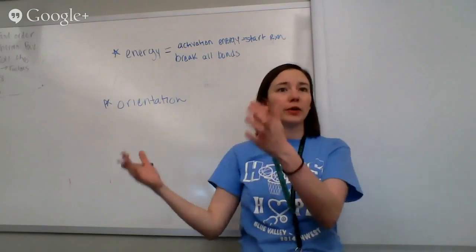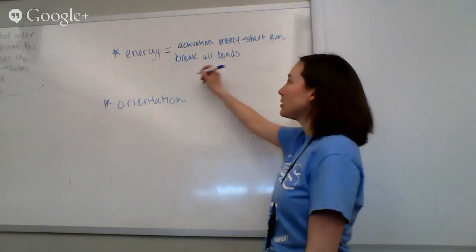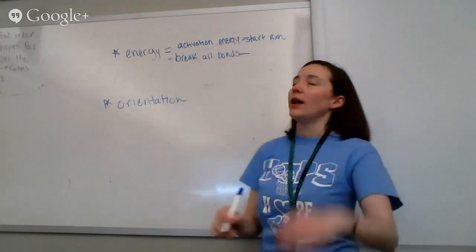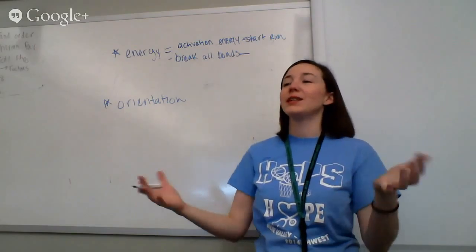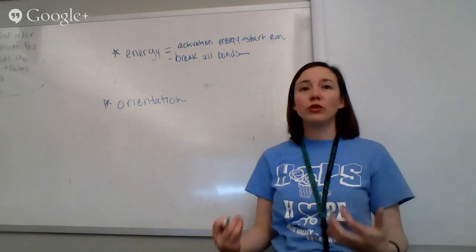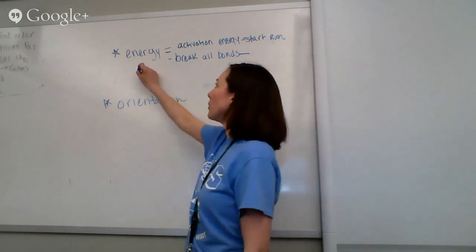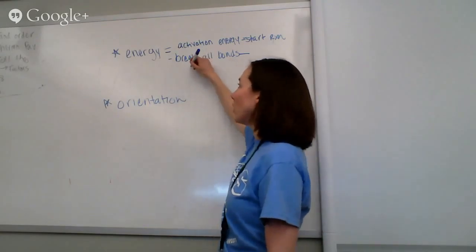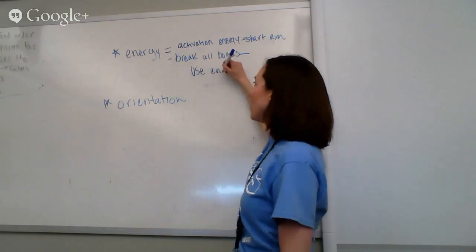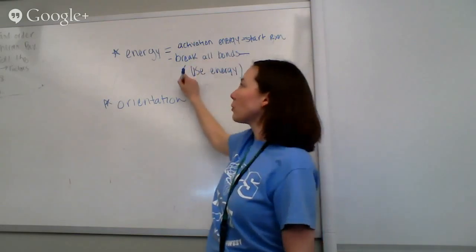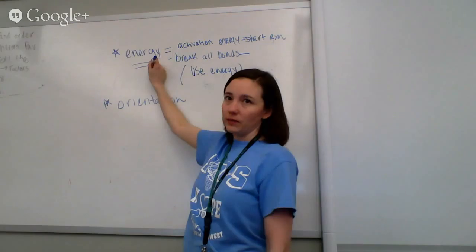Even if some of them are going to connect back together, you have to be able to break all your bonds. And when we break bonds, it takes energy. That's a hugely important concept. Remember that breaking bonds is always going to use energy. So the more bonds we're breaking, the more energy we're going to need.